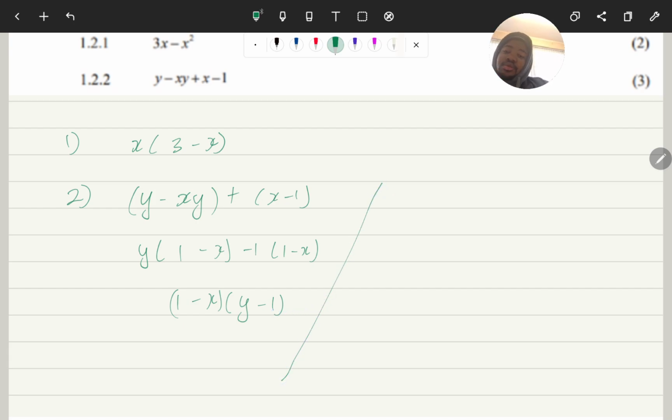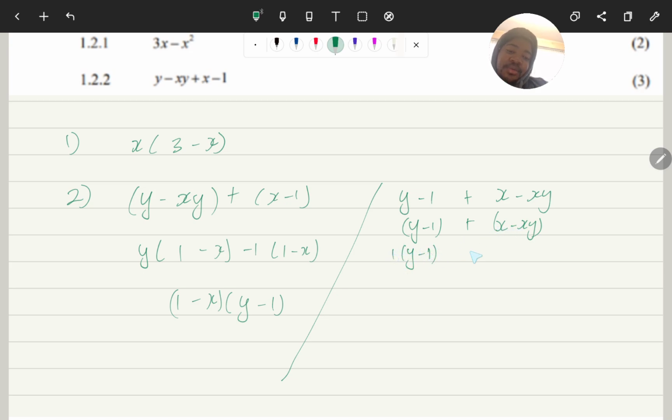Another way, for those who use a different grouping, you could say you have y minus 1 plus x minus xy. You already see the idea here. So we factorize here.